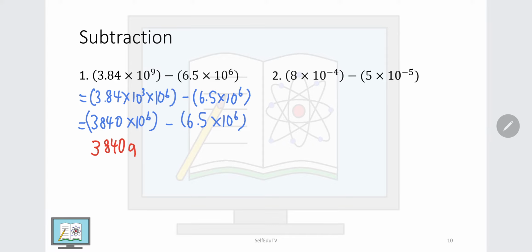So if I let my A to be 10 to the power of 6, it'll be like this. So can you see?